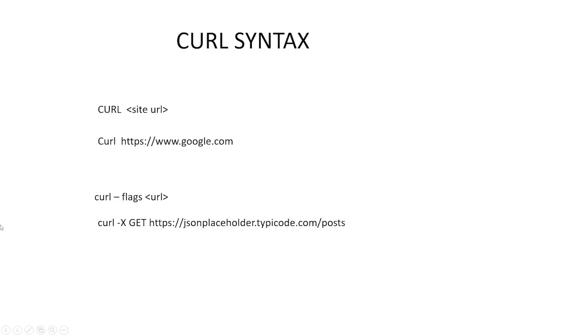For example, the curl hyphen X flag is for API requests, and we are calling here a GET request and then our URL. I hope the curl syntax is very clear to you. We are going to see most of the examples using flags. Get ready for the practicals. Let's switch to the terminal.